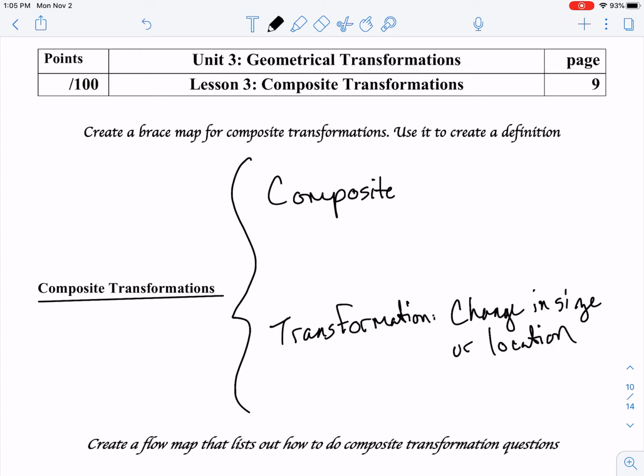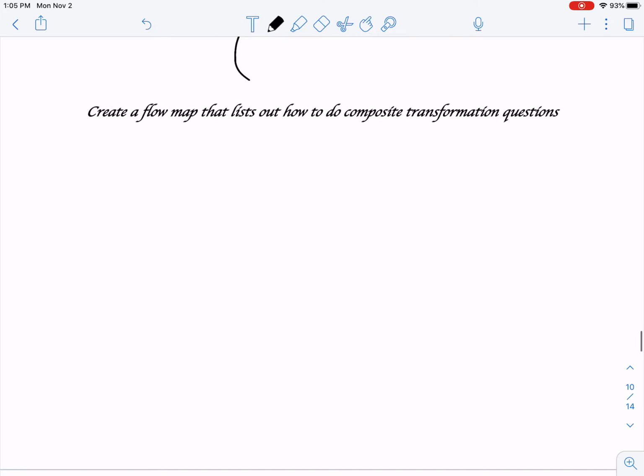So if we know what the word composite means, we just piece them together and make our own definition. Okay, composite, just keeping it simple, means multiple. So a composite transformation is basically multiple transformations.